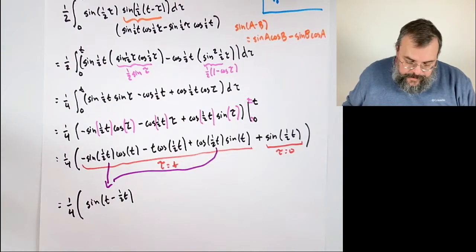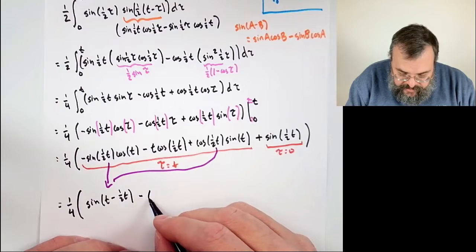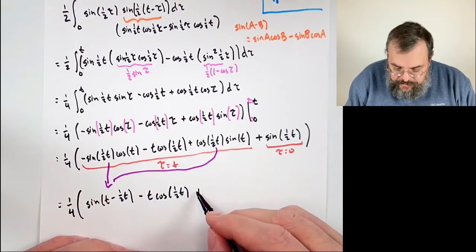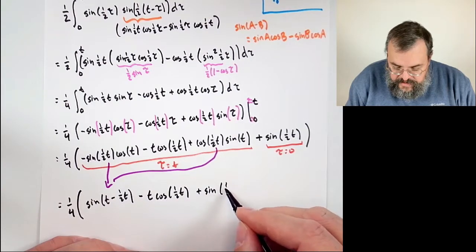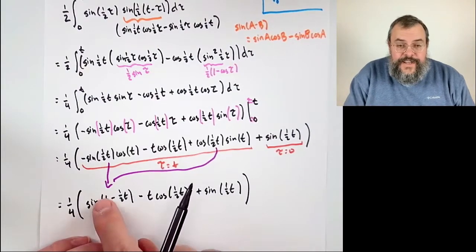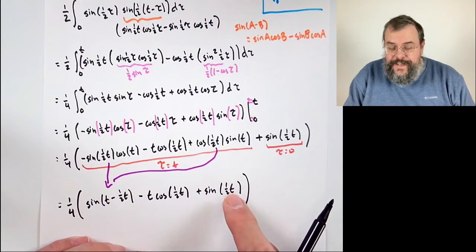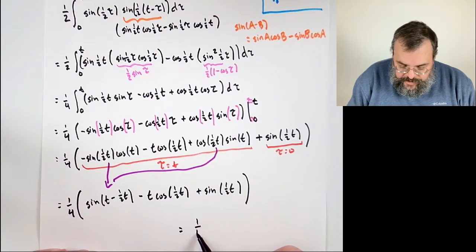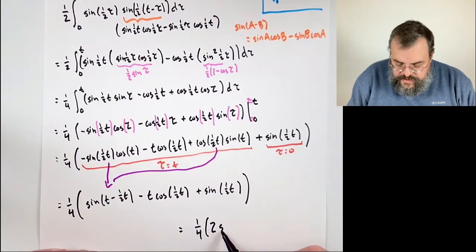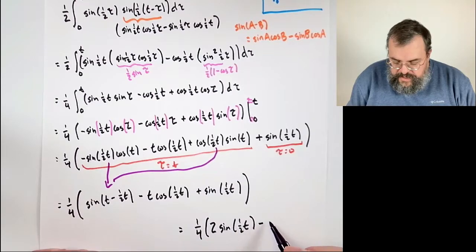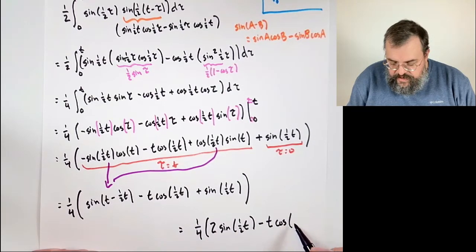And then we have a minus t cosine 1/2 t and plus a sine of 1/2 t. But t minus 1/2 t is 1/2 t, so sine of 1/2 t. And so we can add it to there. So what we end up with is 1/4 times 2 sine of 1/2 t minus t cosine 1/2 t.